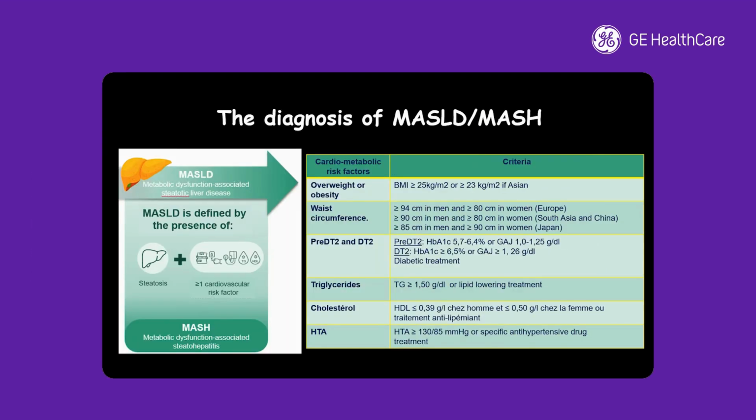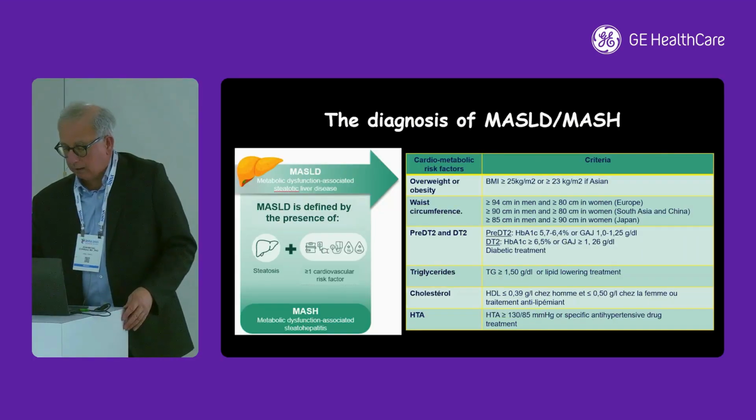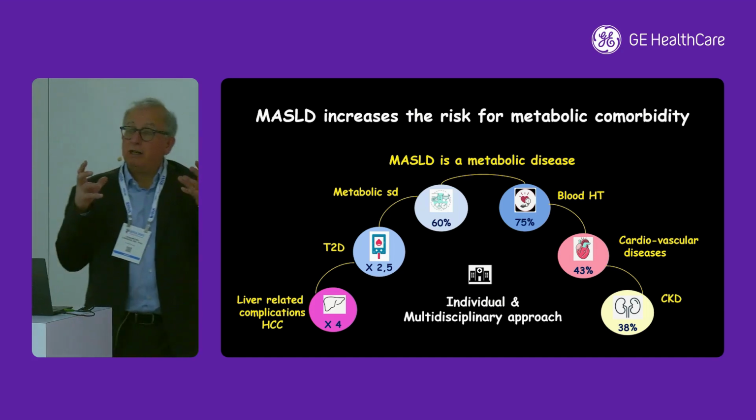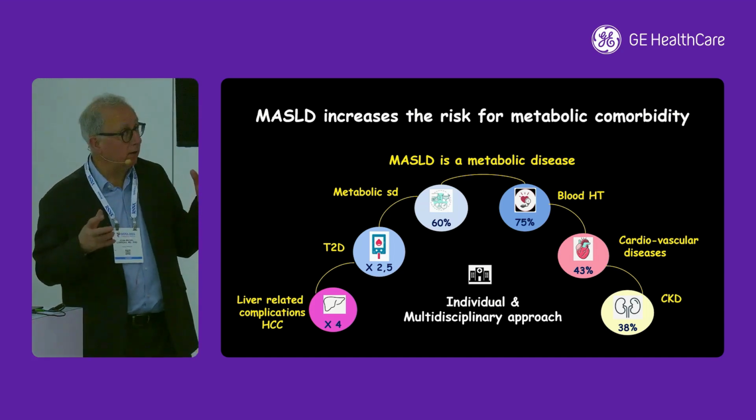And these cardiometabolic dysfunctions are really very wide. You have obesity, waist circumference, diabetic or even pre-diabetic patients, triglycerides, cholesterol, and blood hypertension that are involved in this disease.